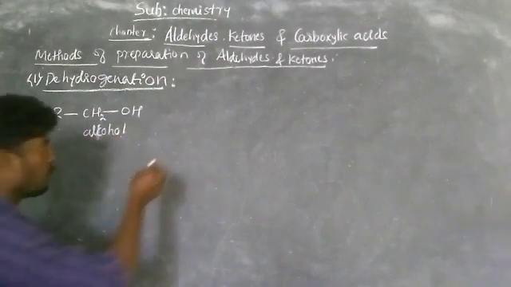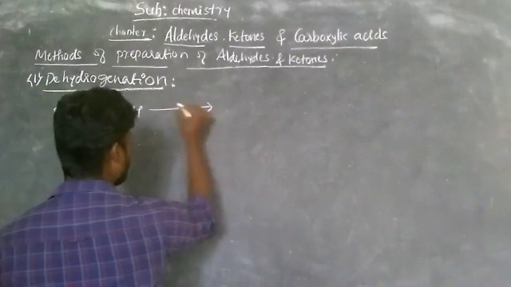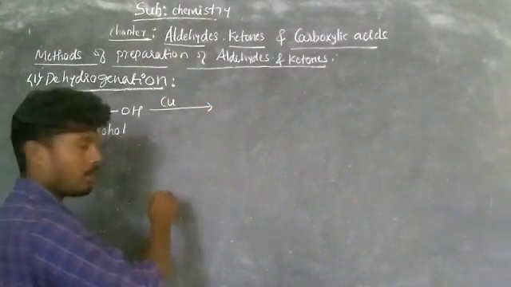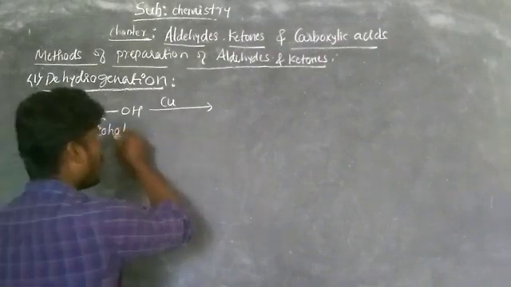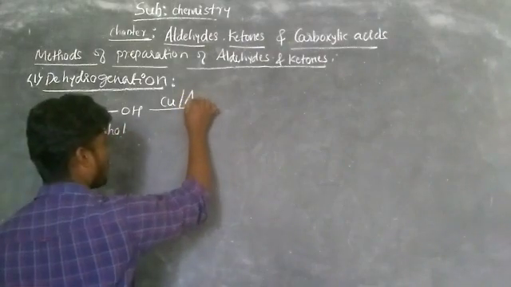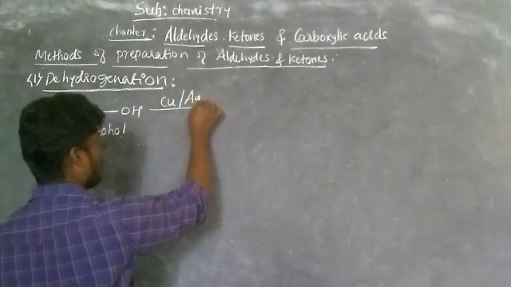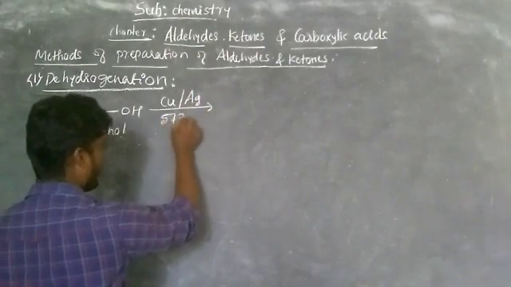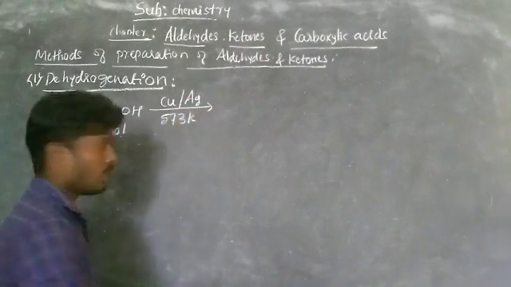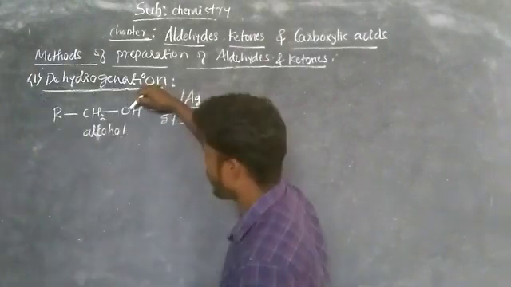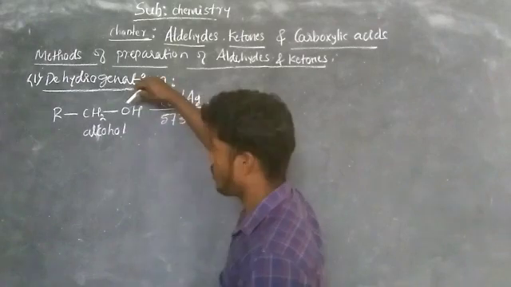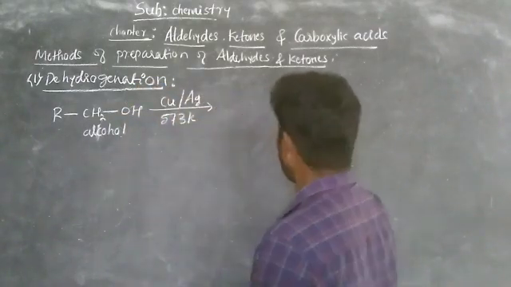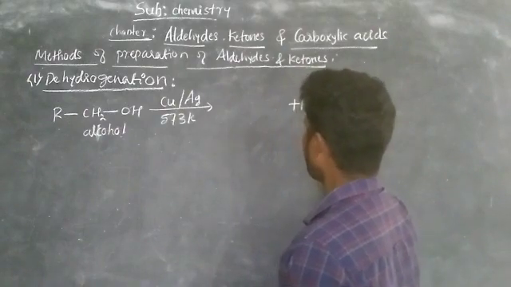This primary alcohol undergoes dehydrogenation when we treat it with a copper or silver tube, meaning the vapors are passed through the copper or silver tube at 573 Kelvin. Any one you can take. Now observe, dehydrogenation means removal of hydrogen. Here one hydrogen and here one hydrogen become H2 gas. That is H2, dehydrogenation takes place.